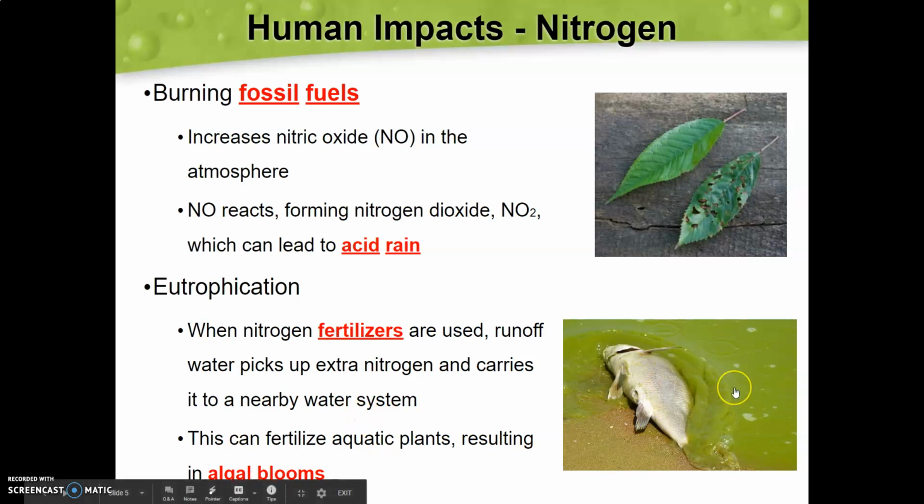That's what this picture right here is showing. Excess algae is using up the oxygen, that dissolved oxygen found in the water, and so that can lead to fish kills. I think that's the end of this. Make sure you have all of your notes filled out, and that's our nitrogen cycle.